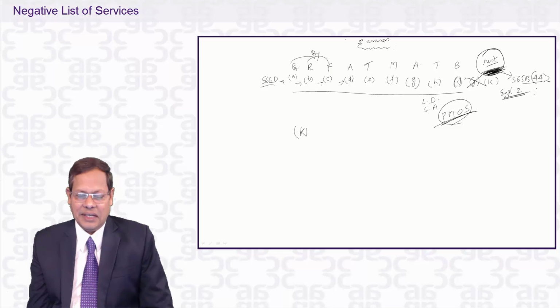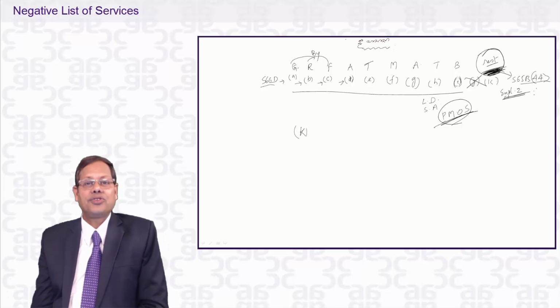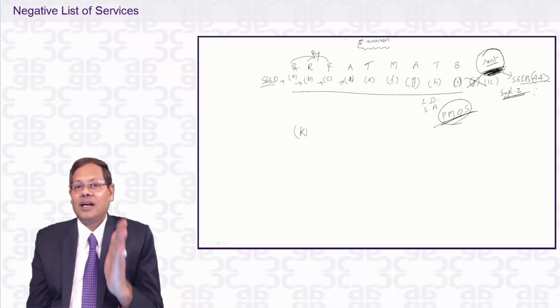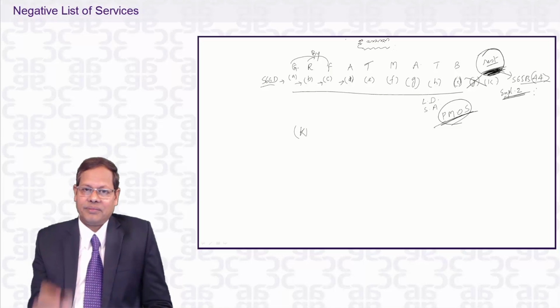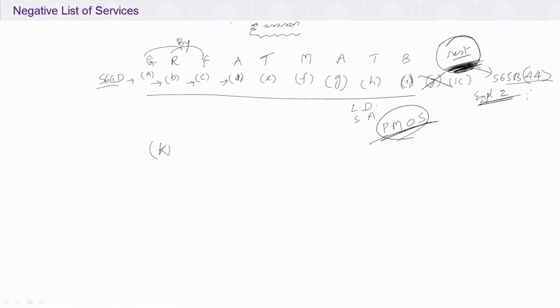Okay. So K, this is about electricity. See, electricity is generated, electricity is transmitted, and electricity is distributed. These are the three activities. Let me write here. For example, electricity generation, that is created. Generation of electricity.